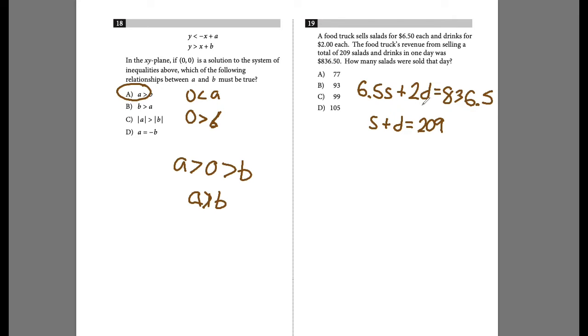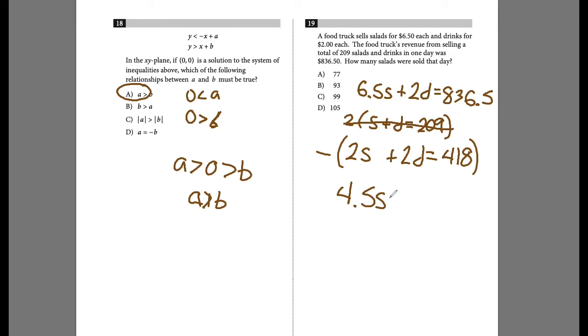We can use elimination to cancel out D. What we need to do is multiply the bottom equation by 2. We're going to get 2S plus 2D equals 418. And this middle equation cancels out. If we subtract the bottom equation from the top, 6.5S minus 2S will be 4.5S. 2D minus 2D is going to be 0.